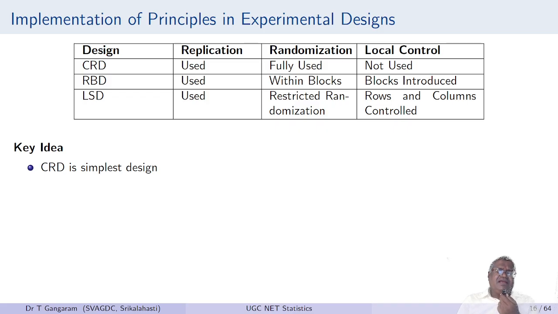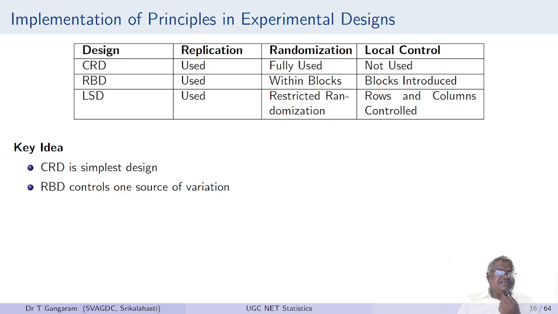In RBD, replication is used, randomization is within the blocks, and local control blocks are introduced. Whereas in LSD, replication is used, restricted randomization, and both rows and columns are controlled.